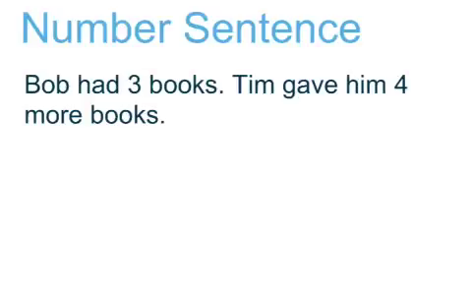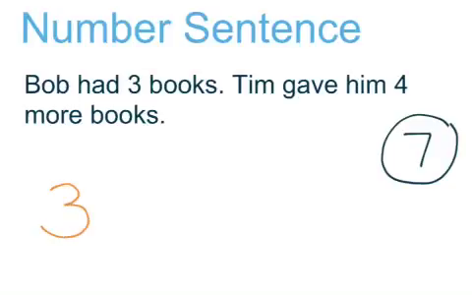Number sentence. I know that the answer is 7 because I counted my circles. But now I need to put a number sentence in order for this to be marked correct. The parts of the problem that will help me with this are seen here. Bob had 3 books, so I need to write the number 3.